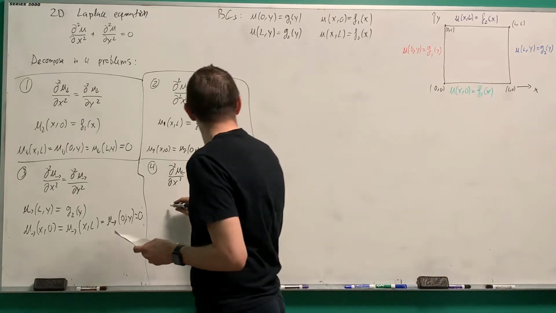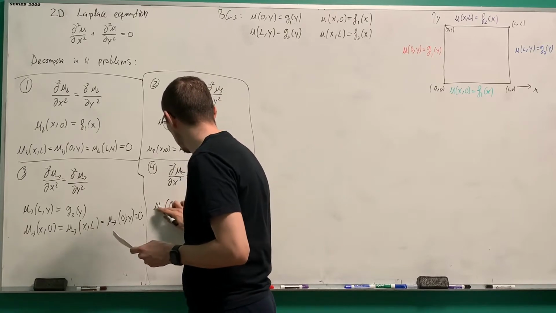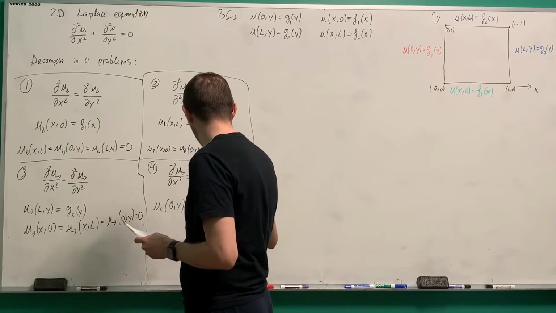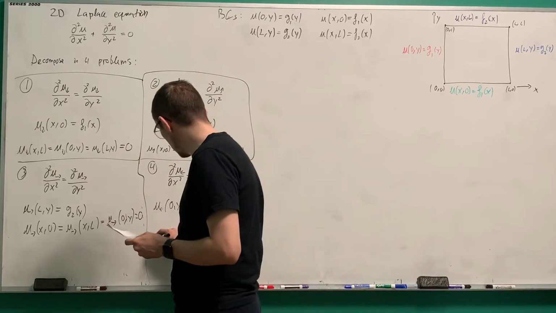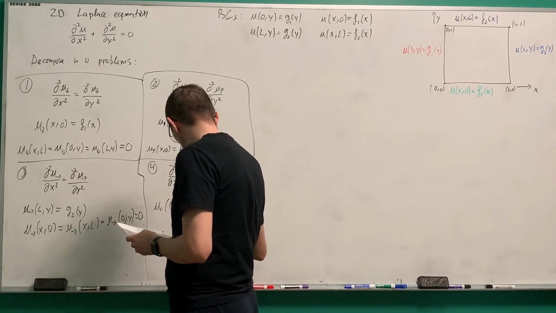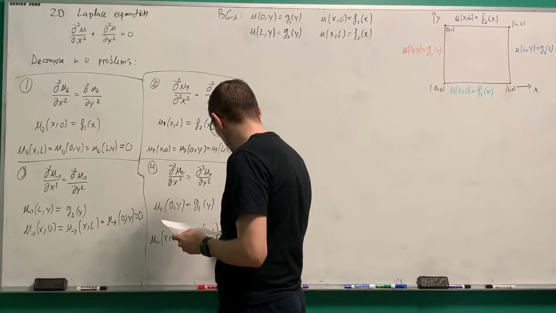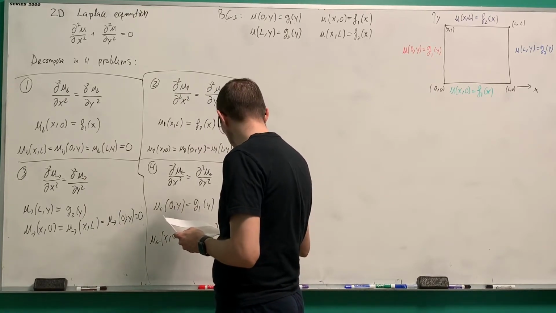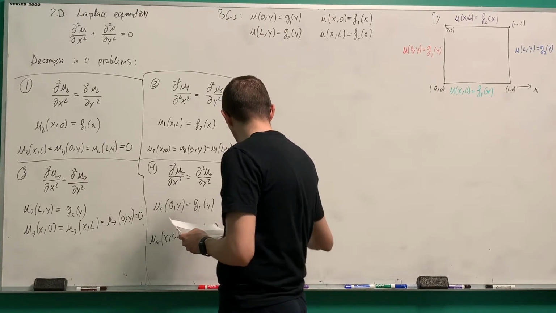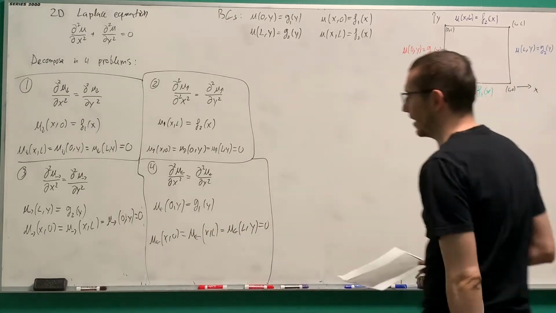So we impose that u left of 0y is equal to g1 of y, and all the others, u left of x0 equals u left of xl equals u left of ly equals 0. So those are 4 problems that are solved in a very similar way, in fact in an identical way.